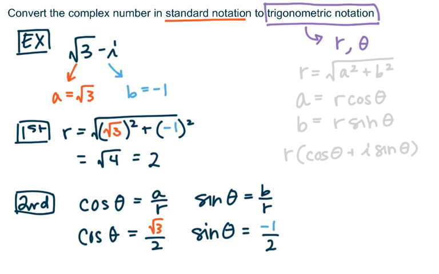So now we want to think about, where does this ordered pair occur on our unit circle? Thinking about the unit circle, we always think about our first quadrant. We've got 30, 45, and 60, or pi over 6, pi over 4, and pi over 3.